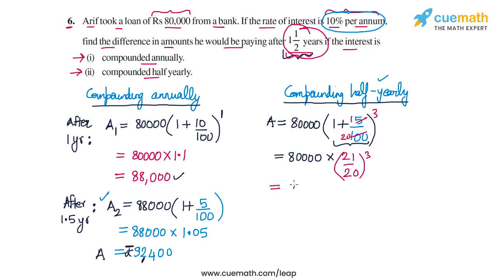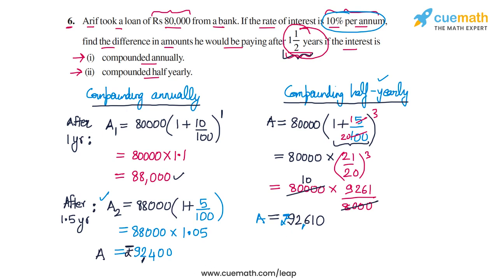So this is equal to 80,000 into 21 cube, which is 9,261, divided by 20 cube, which is 8,000. These terms divide easily, so they leave a quotient of 10, and we get 10 times 9261, or 92,610. So the total amount in the half yearly compounding scenario is rupees 92,610.